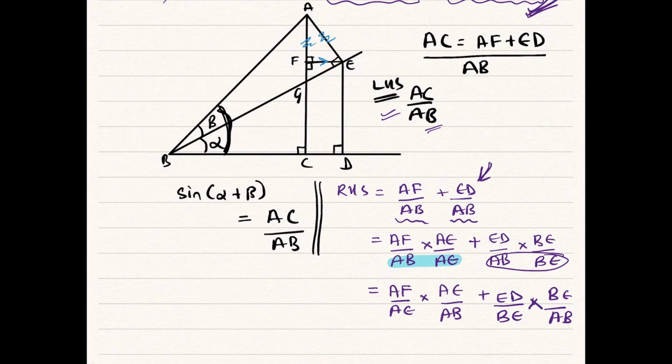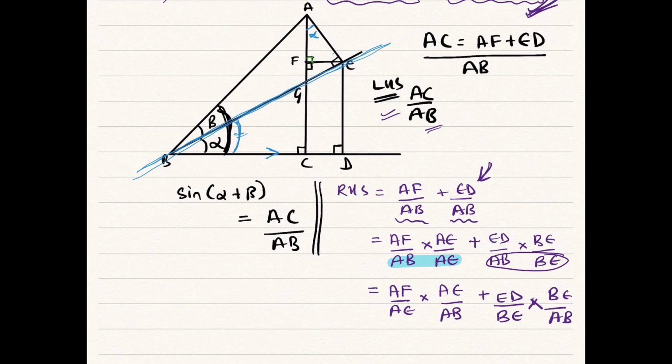FE is parallel to BD, and this is the transversal, and hence I can say that this angle is equal to this angle right over here. So this is alpha. I can also say that since this is 90 degrees, this angle right here is 90 minus alpha, and this is 90 degrees. By the angle sum property, I can say that this angle here is alpha.